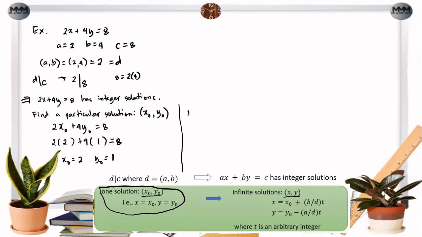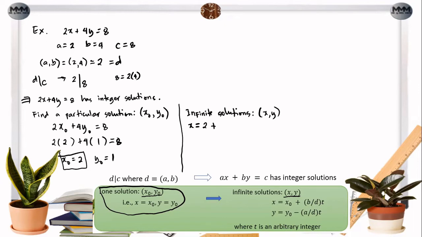Now, in that case, we can now write our infinite solutions in this form. The coordinates x and y, where x is equal to x sub 0, which is 2, plus b over d.